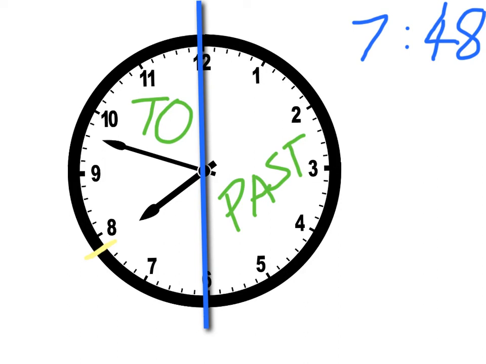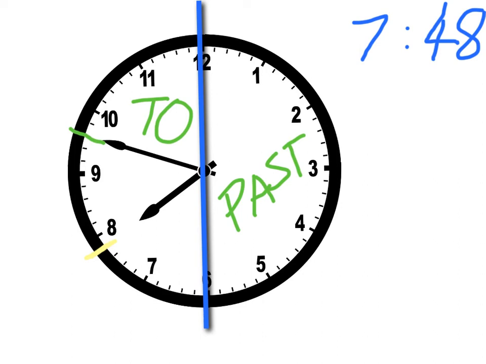So we could go from here and count how many minutes will it be until we are back up at the 12. 1, 2, 3, 4, 5, 6, 7, 8, 9, 10, 11, 12. So we could say that in 12 minutes time it would be 8 o'clock.